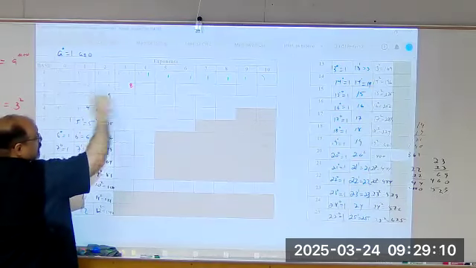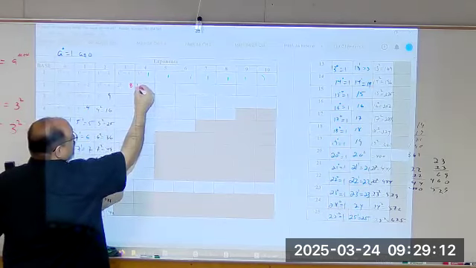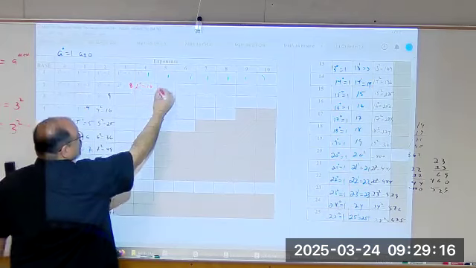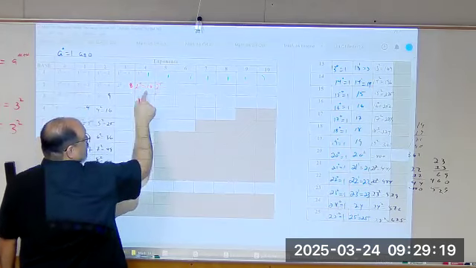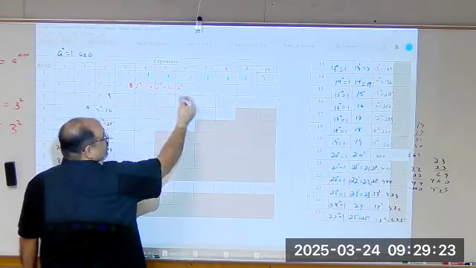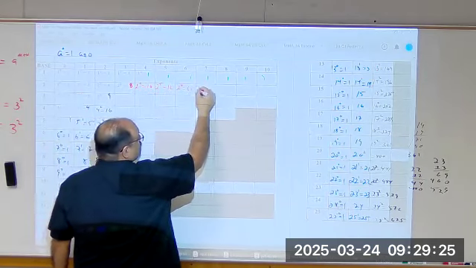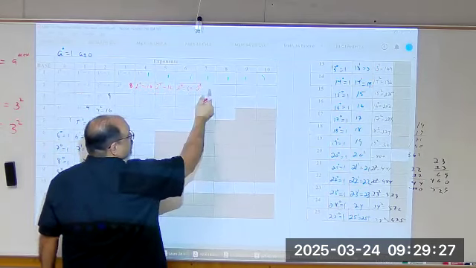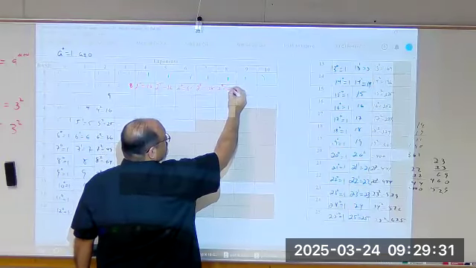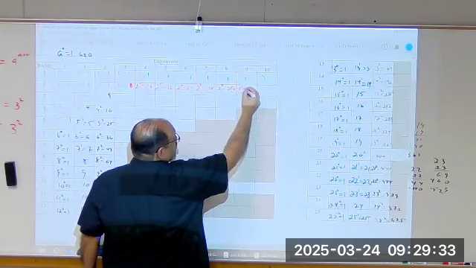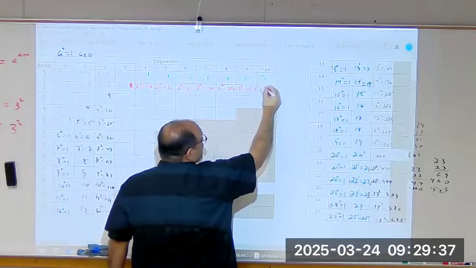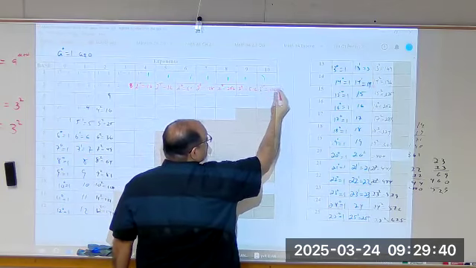So now I'm just going to fill in this row. I'm going to go that way. 2 to the fourth is 8 times another 2, so that's 16. 2 to the fifth, you're going to multiply this by 2, so that's 32. 2 to the sixth times 2, that's 64. 2 to the seventh is 128. 2 to the eighth is equal to 256. 2 to the ninth is equal to 512, and 2 to the 10th is 1,024.